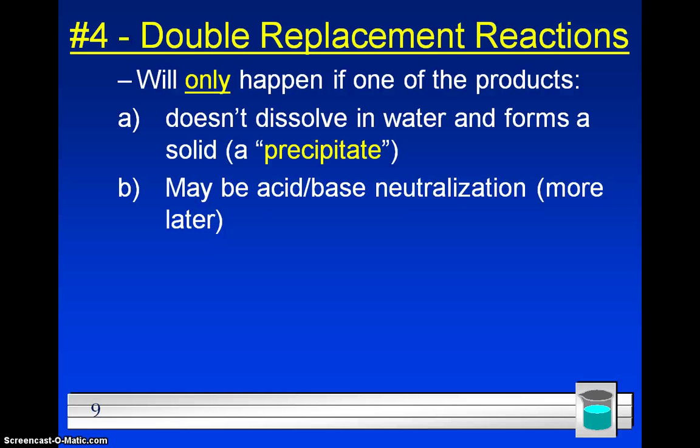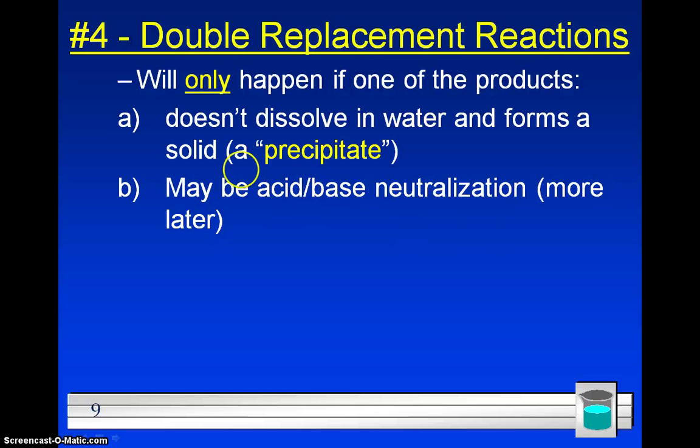Now, there's another type of double replacement reaction that does always occur, and it is between an acid and a base. Acids and bases neutralize one another in order to form water and some salt or ionic compound. So remember, if you see a double replacement that has an acid starting with an H and a base typically ending in an OH, they're always going to react to form water and a salt.